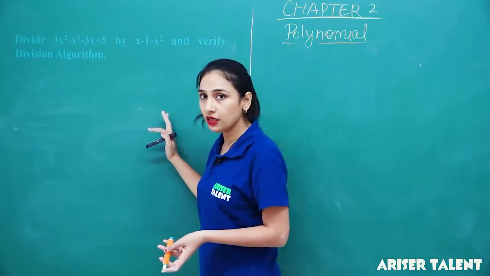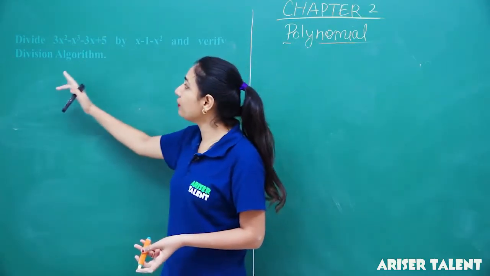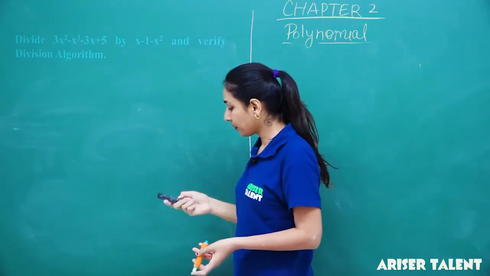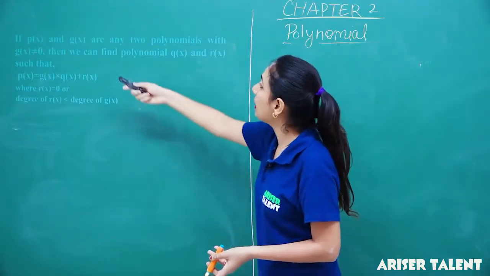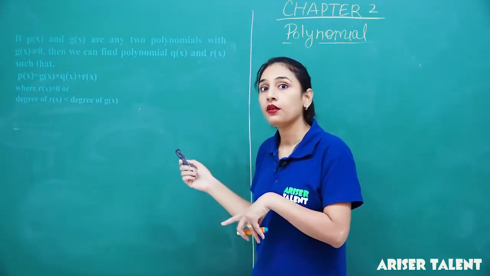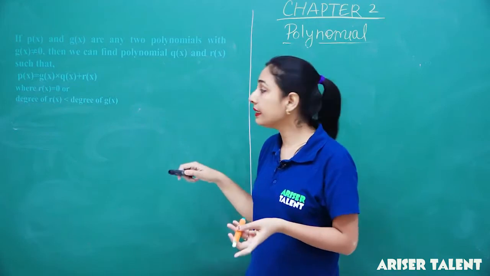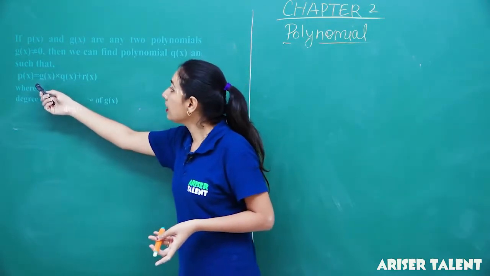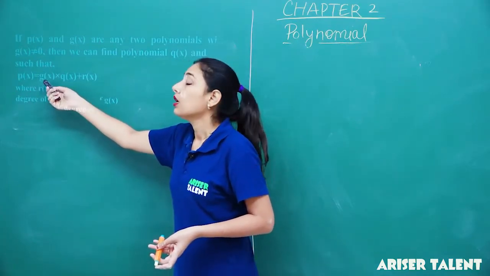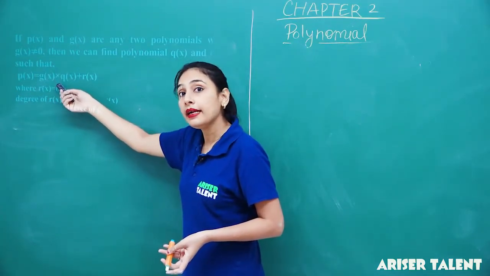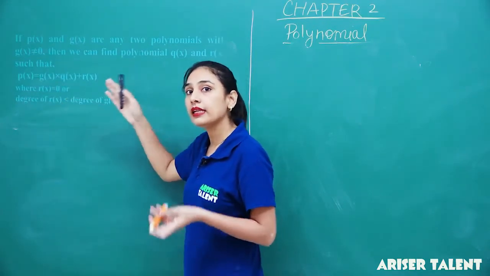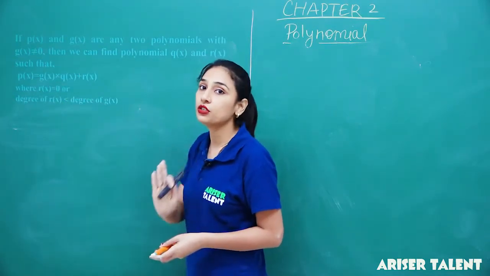So, it's simple. Now, you have to verify the division algorithm. I have mentioned the division algorithm here. So, you have to first solve that question and then confirm that the dividend will be equal to the divisor and the quotient multiplication and then the addition of the remainder to it.